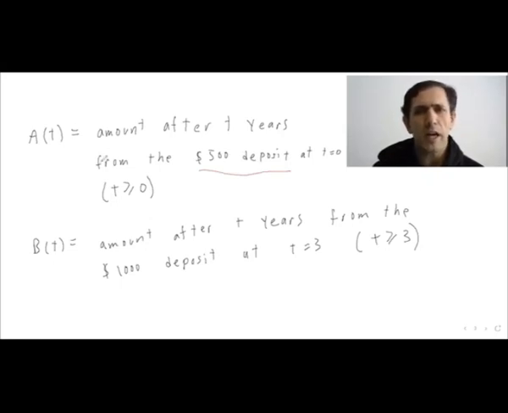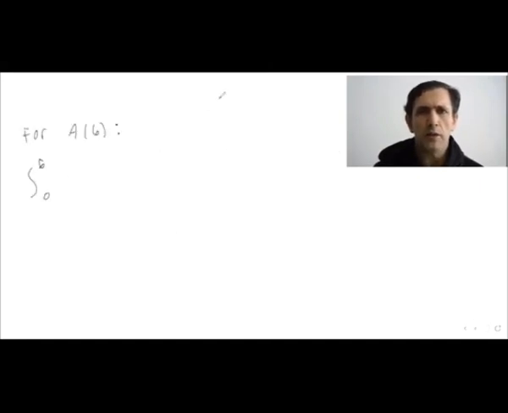When I write this A of t, I'm not considering any other deposits. I'm only looking at one single deposit, so I can just plug and chug into my formula to get A of 6. So here, my deposit of $500 is at t0, and I want A of 6, so that's my t1. So, plug into my formula, of course, I need to get this integral first.